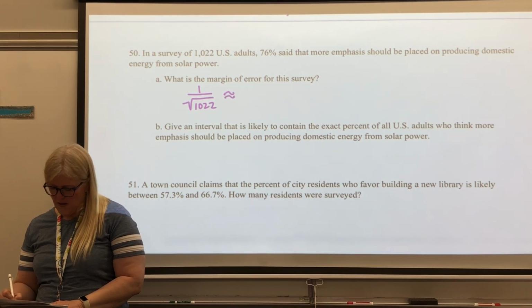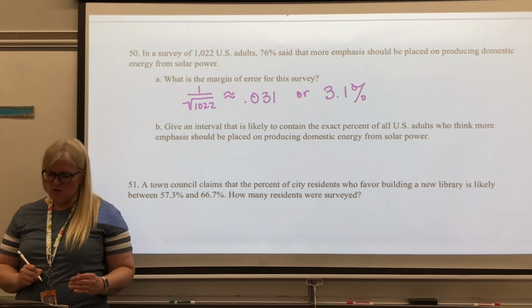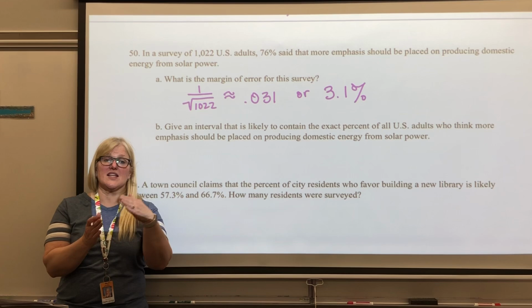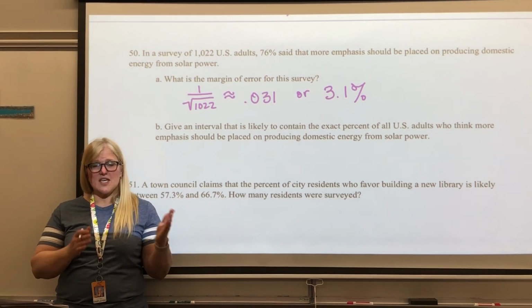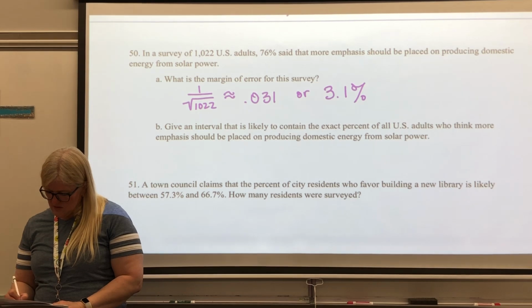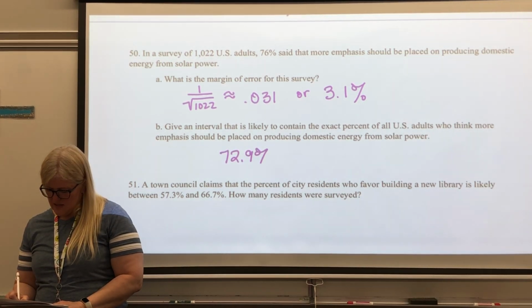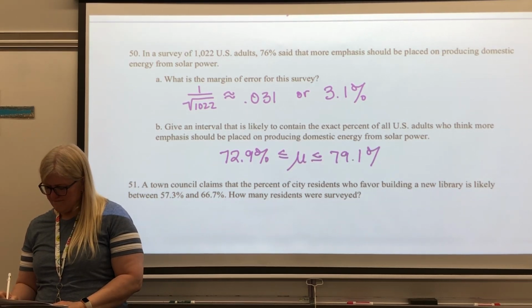So this is about 0.031 or 3.1%. So now I need to take that 3.1% and subtract it from 76 and add it to 76. So this gives me 72.9% less than or equal to mu, less than or equal to 79.1%.